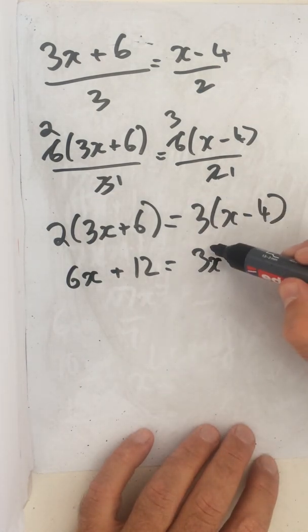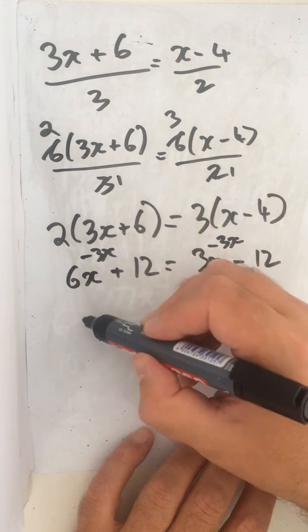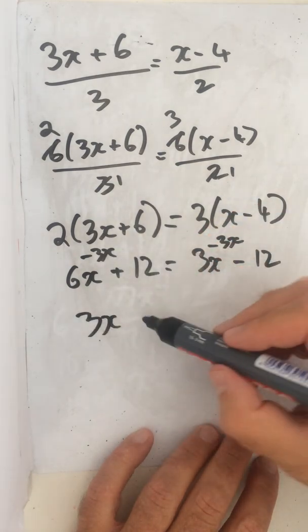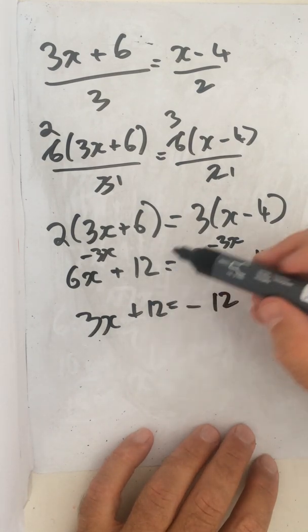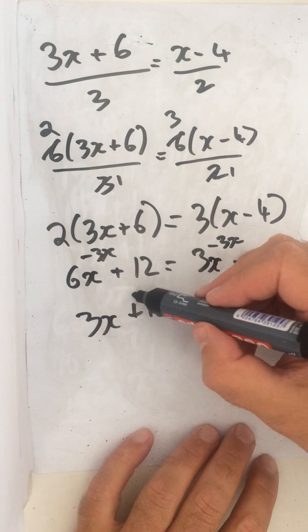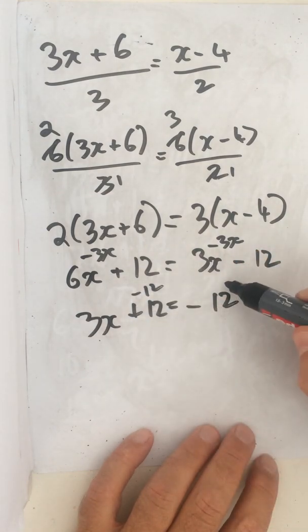Now I want to get rid of this 3x because I only want x on one side of my equation. So I'm going to minus 3x there. So I'll get 3x plus 12 is equal to minus 12. Then I need to take away 12 to leave me with x, so I have to do the same on the other side.